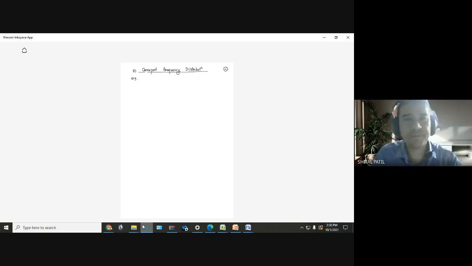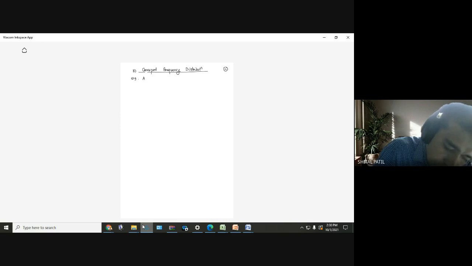For example, the age of a person in a sample of 30, you can take 20 also, who took both COVID vaccines.